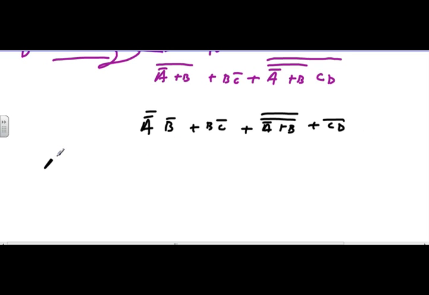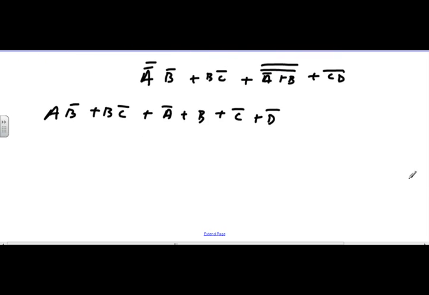Okay, so I got A B knot or B C knot or A knot or B or C knot or D knot. All right, so that's what I got. Now I've got a sum of products, so now I can do a Karnaugh map.